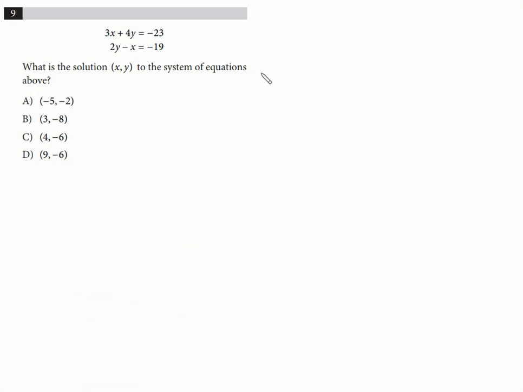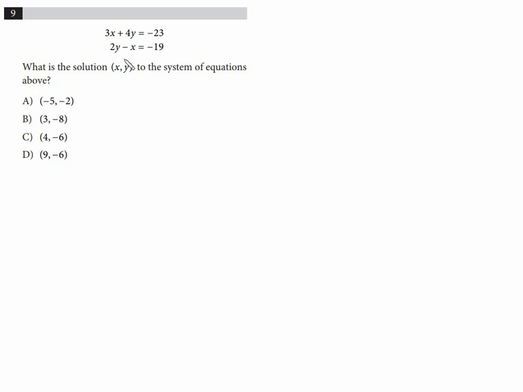And if you don't want to plot it out, I will also show you how to calculate it. So I'm going to show you two different ways to calculate it. One, which is the long way. I don't recommend it on the SAT, but the math is more straightforward, and it might be easier for you. So we want to isolate at least one variable. We have two variables and two equations, so we should be able to solve for it.